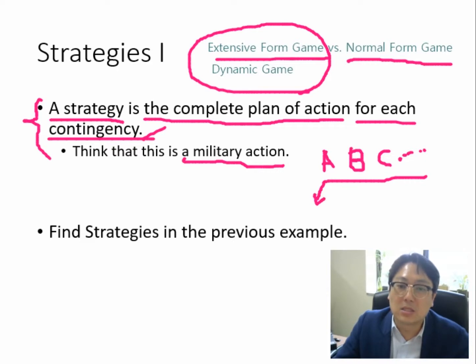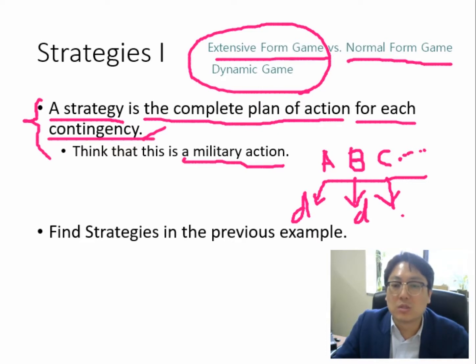If A happens, then I'm going to play D, for example. If B happens, I'm still going to choose D, but if C happens, I'm going to choose F, for example. I will choose that kind of strategy.